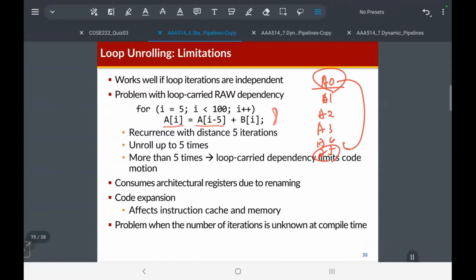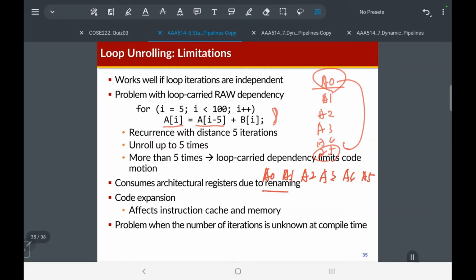So actually, in the previous example, we assumed that the loop unrolling can be applied to the independent loop, which means that we cannot find any dependencies between iteration loops. It's a very good case, because with A0, A1, A2, A3, A4, and A5, we cannot find any dependencies between loops.